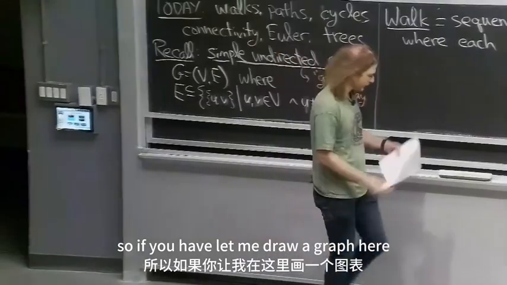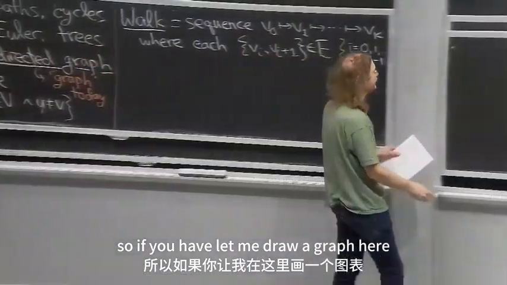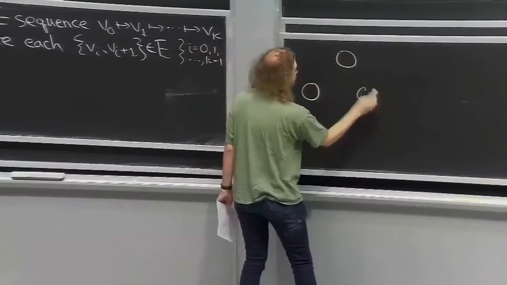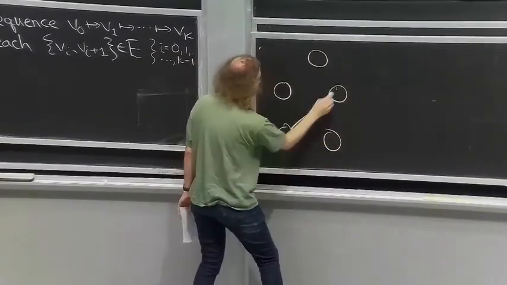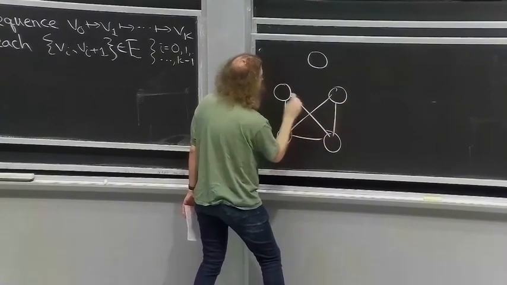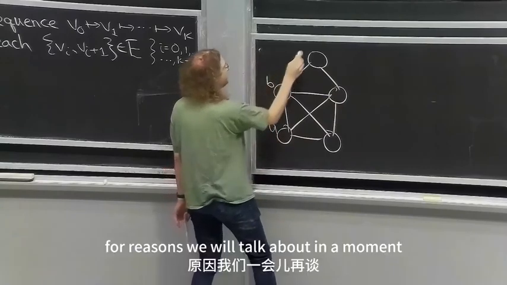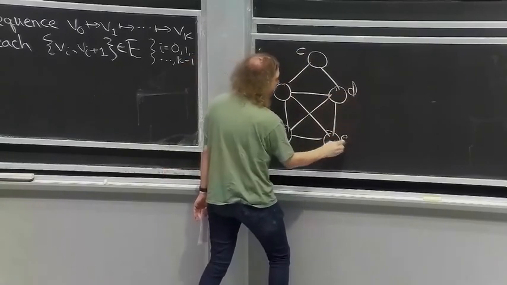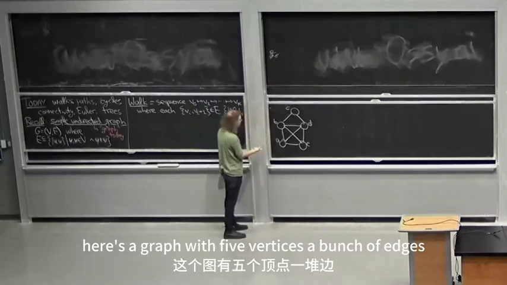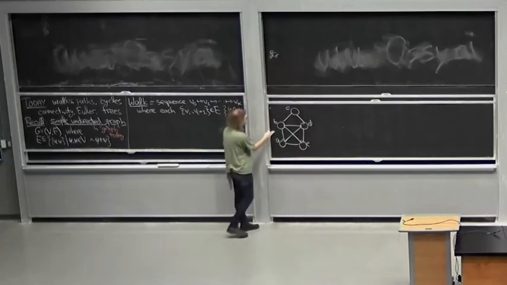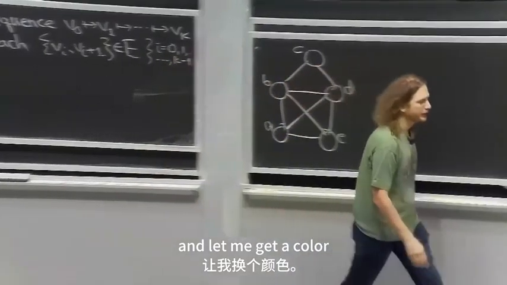So if you have, let me draw a graph here. It's one of the first graphs I ever drew in my life. I still remember it for reasons we will talk about in a moment. Here's a graph with 5 vertices, a bunch of edges, and let me get a color.